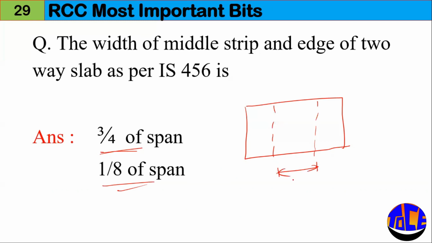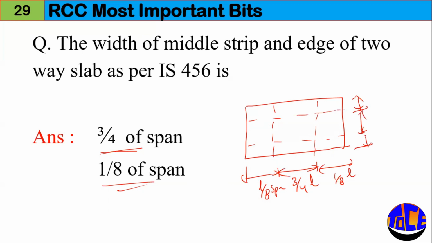The middle strip is 3/4 of the span and the edge strip is 1/8 of the span, and this is also 1/8 of L. Similarly, in the other direction also, these are divided into middle strip and edge strip. So this is 1/8, this is 3/4, and this is 1/8.